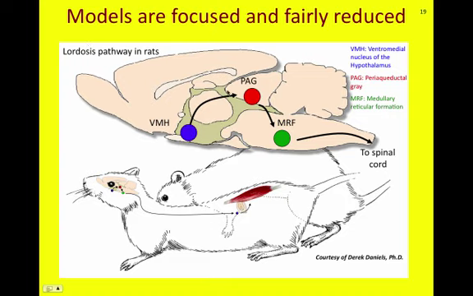And this is just a view of a rat brain, a cartoon of a rat brain. Notice that there's 3 discrete areas that have been implicated in the regulation of the lordosis pathway. Now, obviously there's multiple cells involved and there's different connections that aren't represented in this model. Models are focused and fairly reduced, but what they allow us to do is to teach and learn and focus on the pieces that we're interested in.